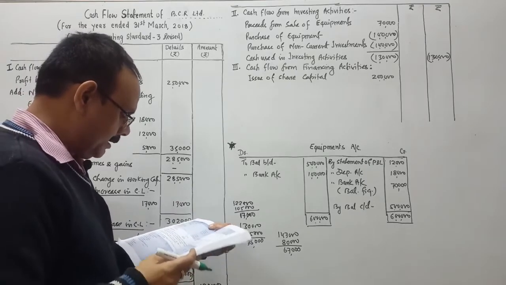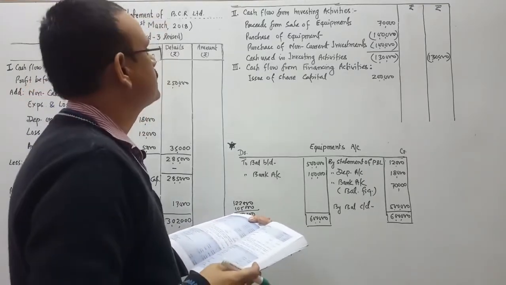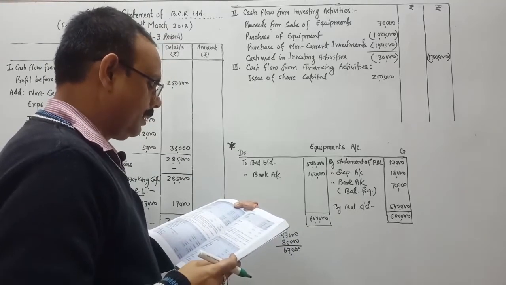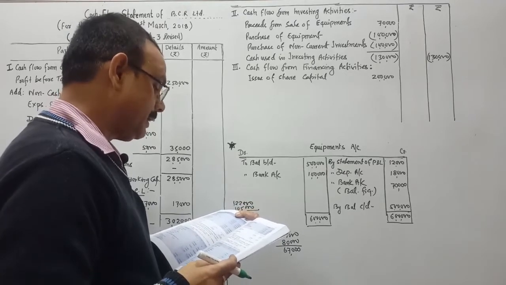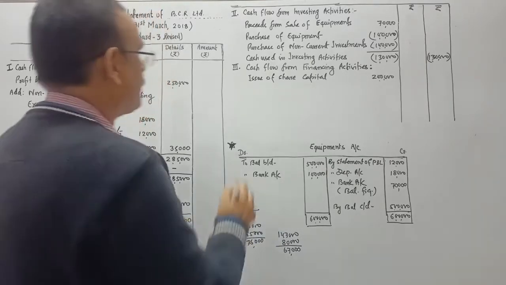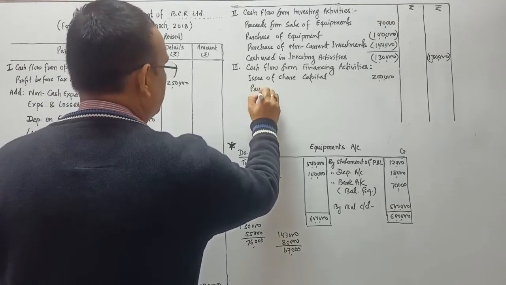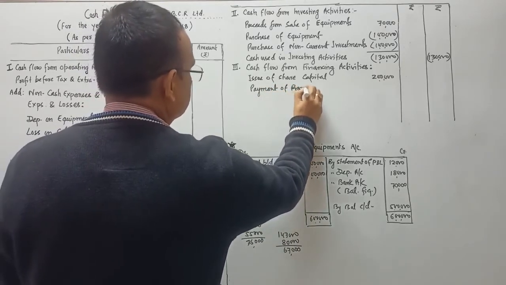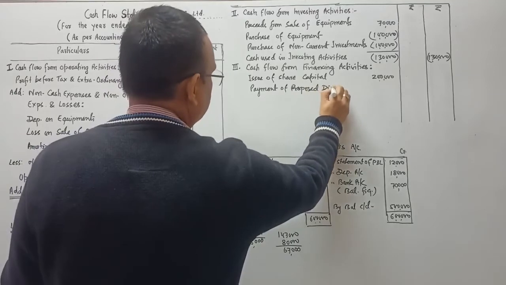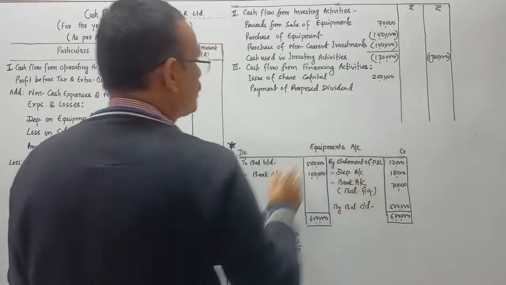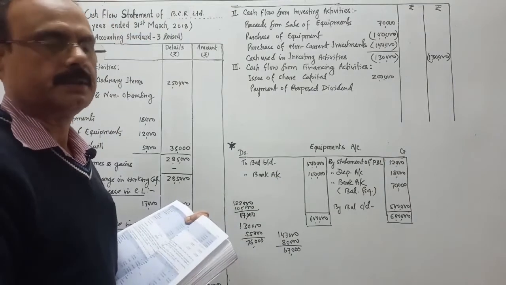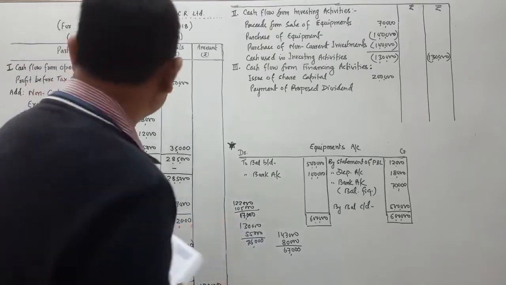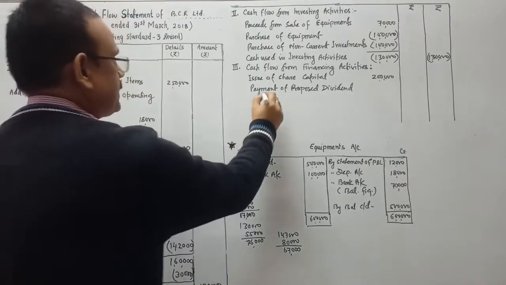Next, in cash flow from financing, you see the additional information number 1, it is related to proposed dividend. So payment of proposed dividend. We will do the payment of the proposed dividend of the previous year, and we have already calculated the proposed dividend of the previous year.